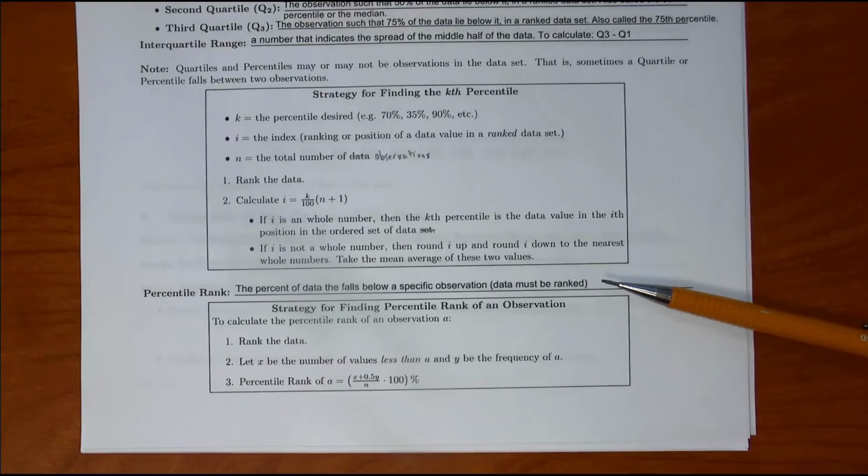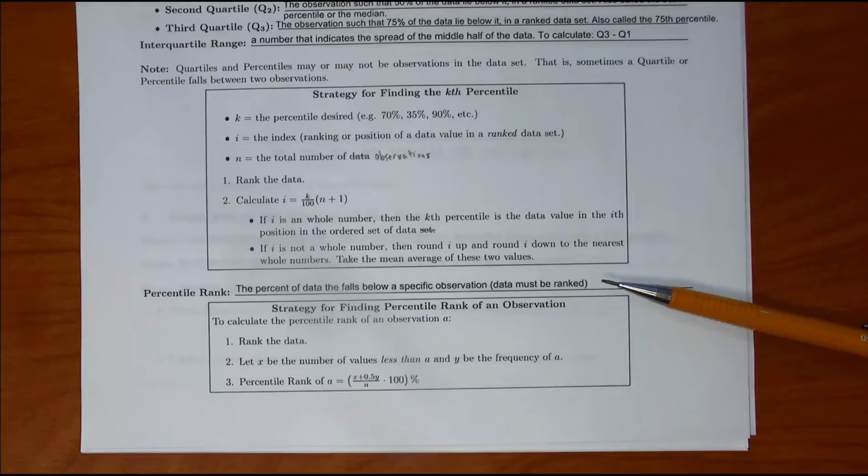So to calculate a percentile rank of some observation A, first rank the data, then let X be the number of values less than A in the ranked data set, and let Y be the frequency of A. Remember what frequency means? Frequency is just the number of times an observation is present. If it's not repeated at all, it'll have a frequency of 1.